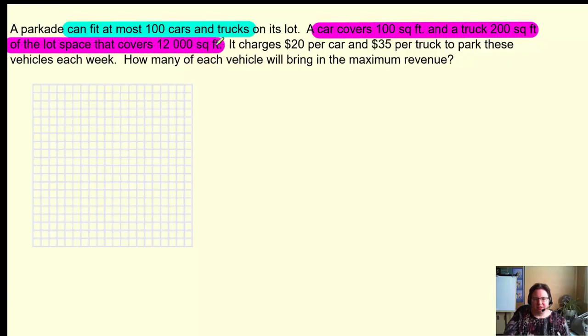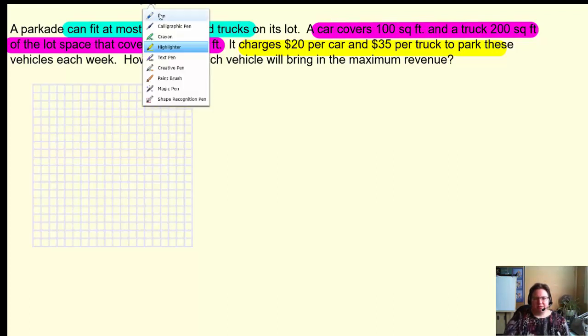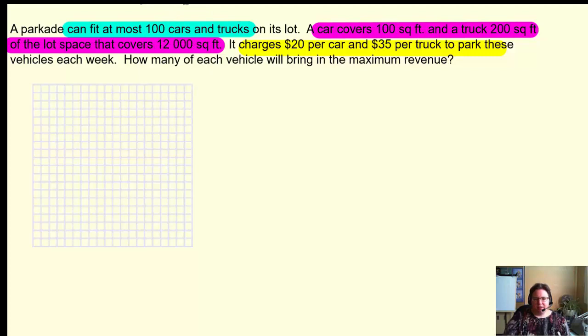And then you have the cost of each item, or what they're charging each item. And we know that they want us to have a maximum revenue. So that's what I'm trying to find.